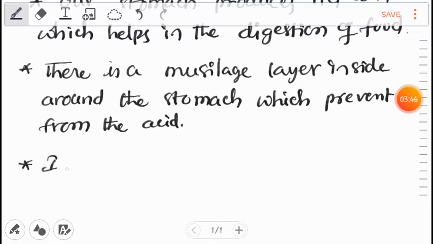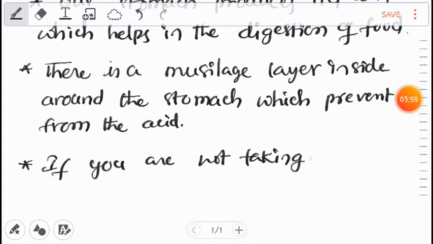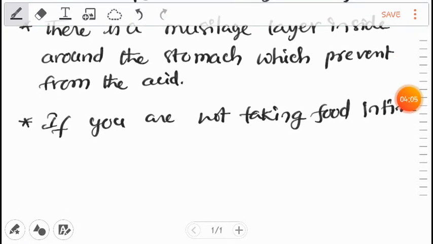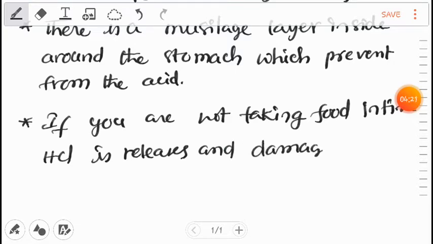When it is damaged, if you are not taking food in time, what will happen? The HCl will directly react on the mucilage layer, and HCl released damages this layer. What is that layer? The mucilage layer.